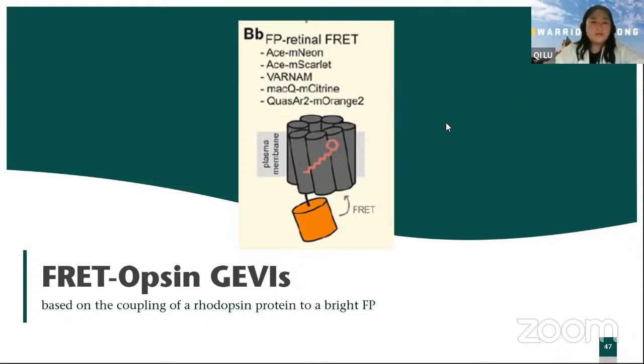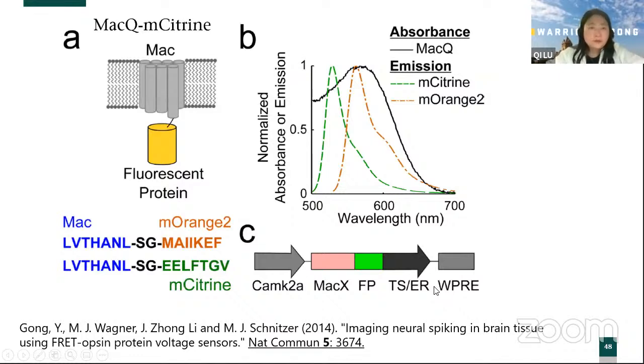For these third-option GEVIs, it's quite similar to the previously discussed voltage sensors that are linked to a fluorescent protein. Then the first part is they make a citrine and a transmembrane part, and the voltage sensor is the MAC.